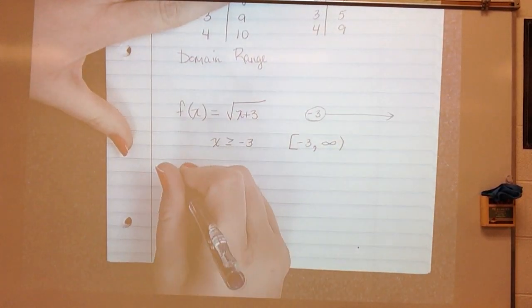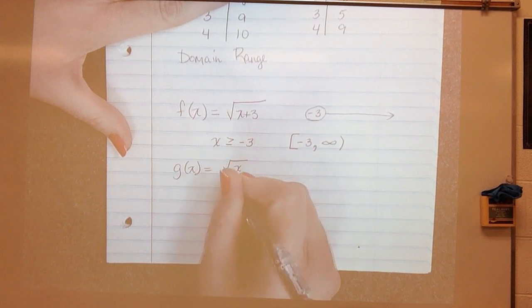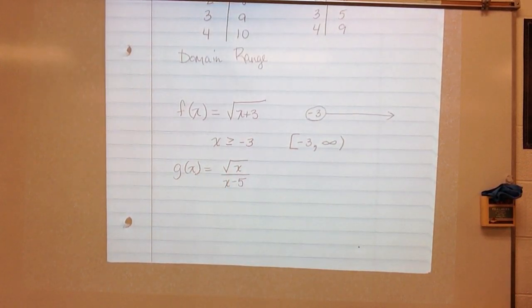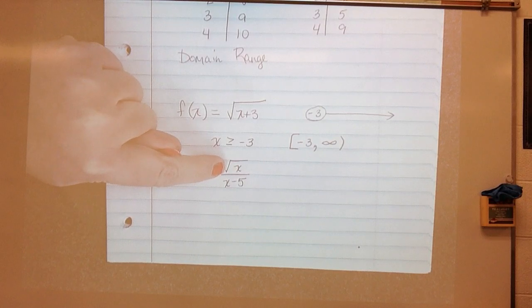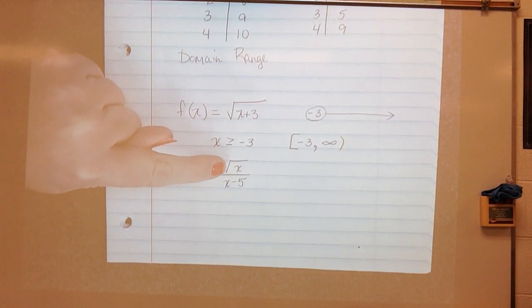Alright, looking at the next function, g of x is equal to the square root of x over x minus 5. At this point in time, I need to look at this and see, okay, can I put negative numbers in for x?